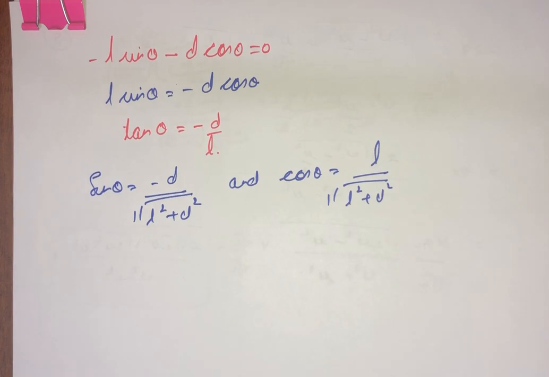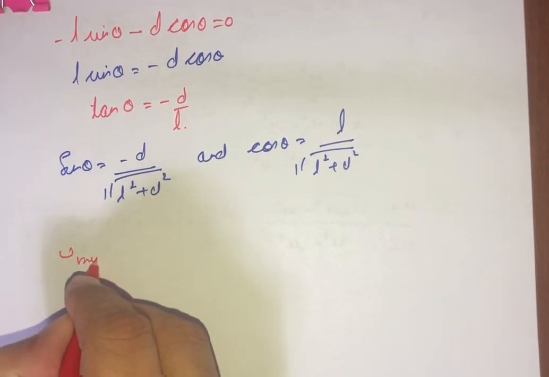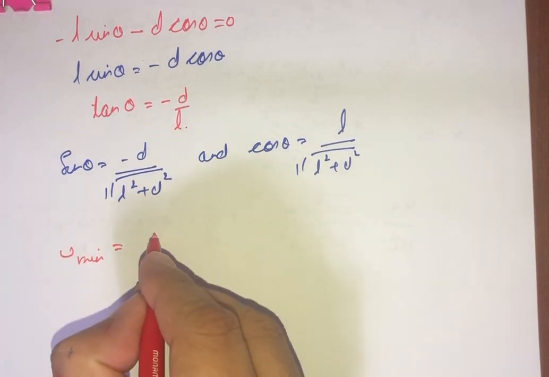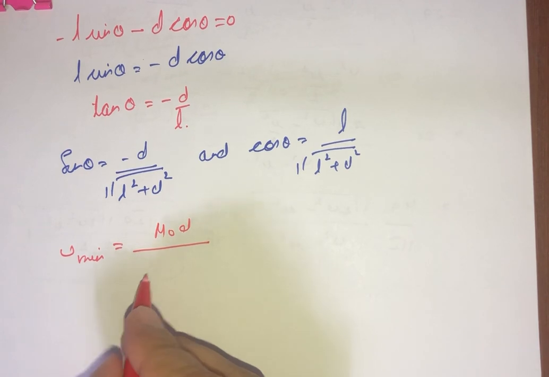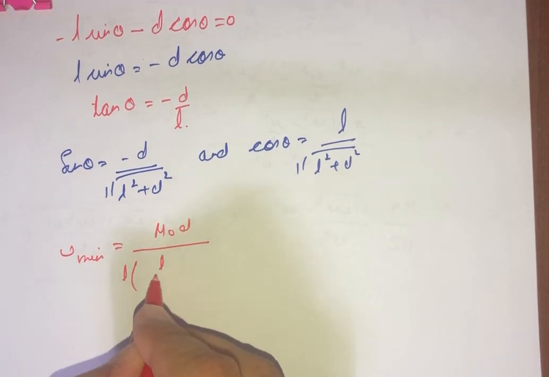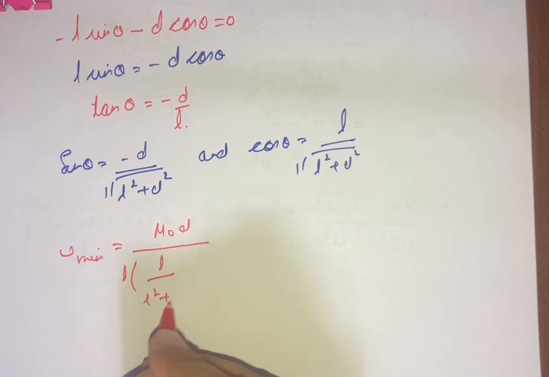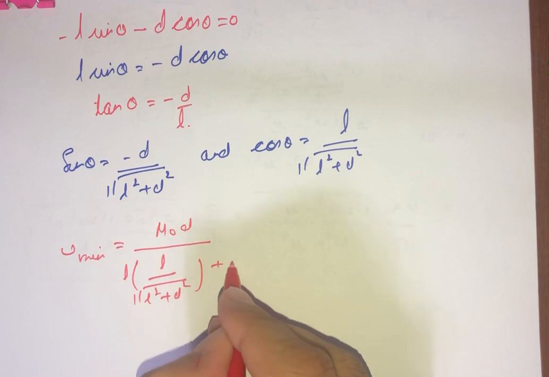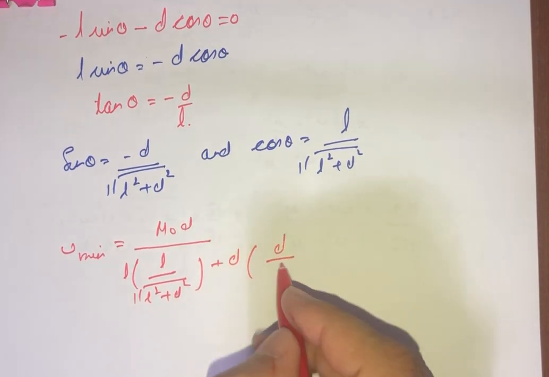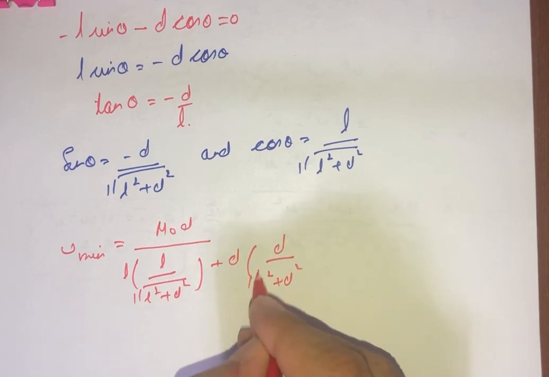So substituting the values, we get v minimum is equal to u naught d divided by L into L over the square root of L square plus d square, plus d into d over the square root of L square plus d square.